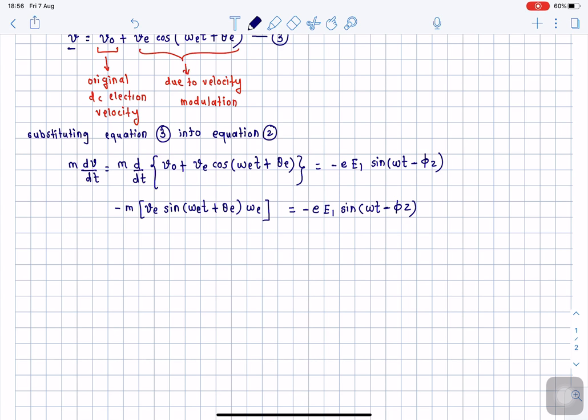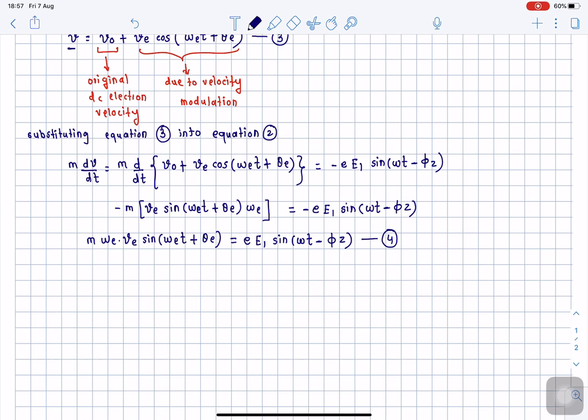Removing the negative sign on both sides and rearranging the terms, we can write this equation as m into omega E into VE sine of omega E t plus theta E equal to e into E1 sine of omega t minus phi z. Let us call this equation number 4.